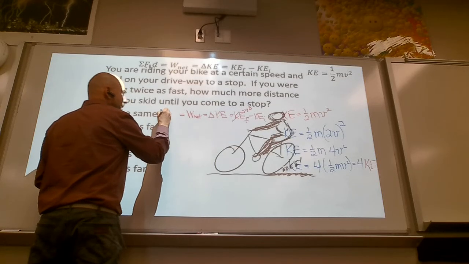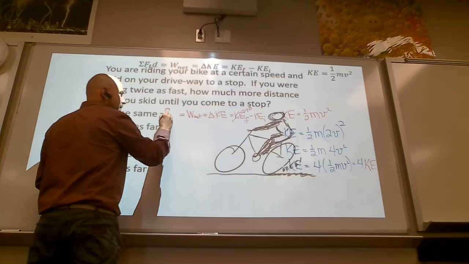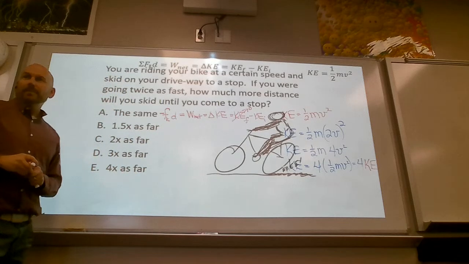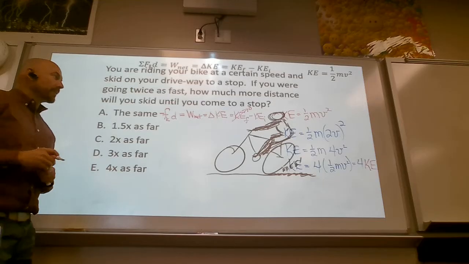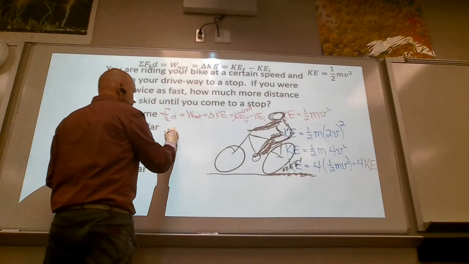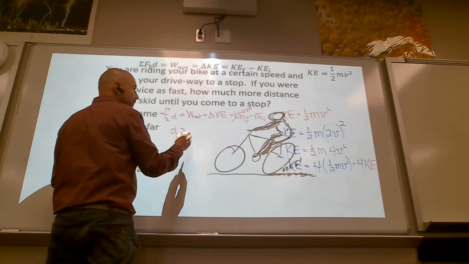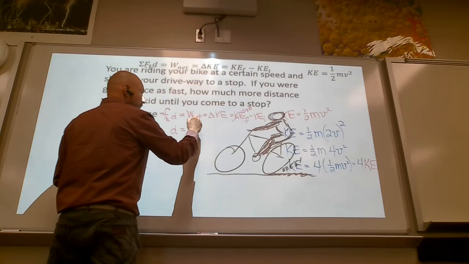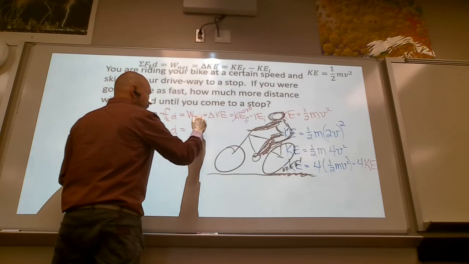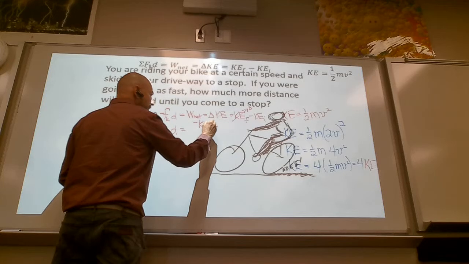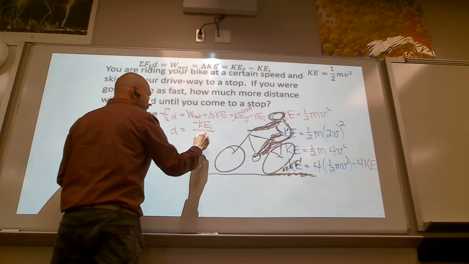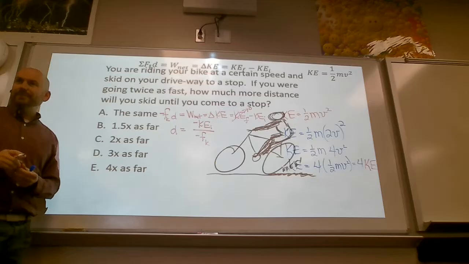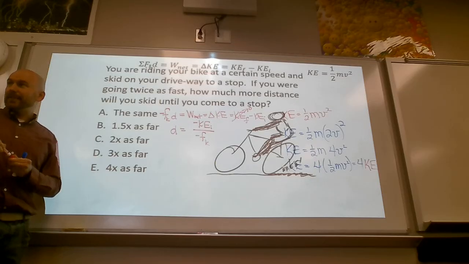And is friction doing positive or negative work? Negative. So our distance is going to be equal to our negative initial kinetic energy divided by our friction. We can get rid of the negative signs. Okay with that?